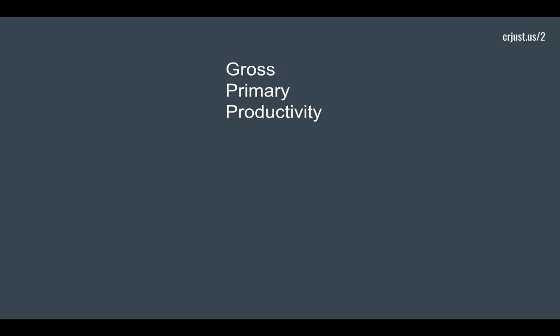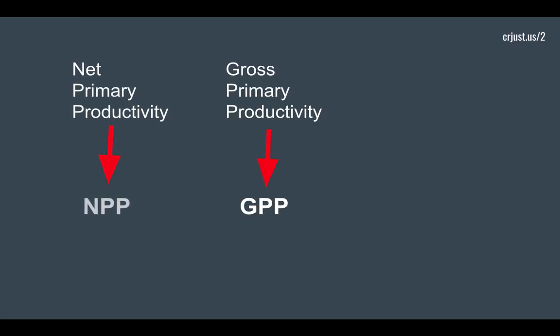So gross primary productivity, or GPP, and net primary productivity, NPP. It's an equation. The net primary productivity is equal to gross primary productivity minus those deductions, and our deduction is going to be respiration, right?